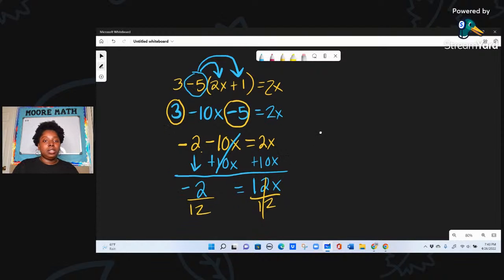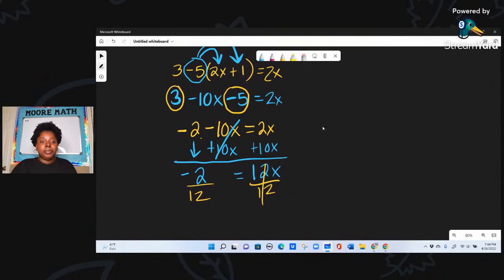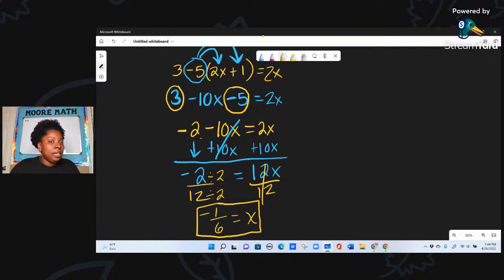You can reduce this. 2 can go into both of these. So 2 divided by 2 is 1. 12 divided by 2 is 6. Don't forget that negative. And x equals -1/6. The hardest part about this is probably that distributive property and then combining everything.